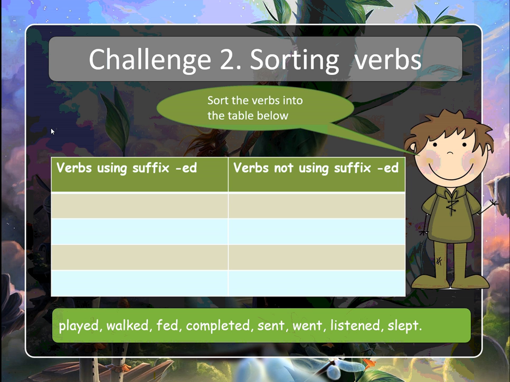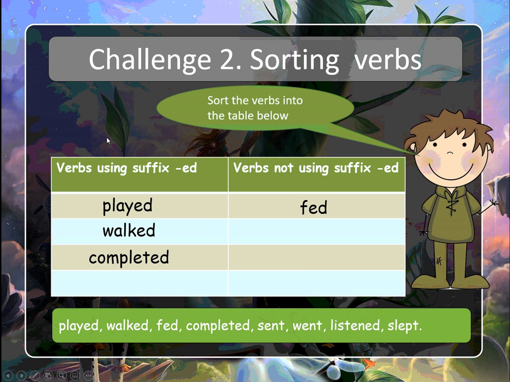Okay, welcome back, year one. Let's see how you did. So here is where I think they should go. First one is played, and that goes there. Walked is also an ed, but fed isn't because it's feed. If it was an ed, it would be feeded, and we don't say that. It's a bit of a mouthful. Completed, another ed.